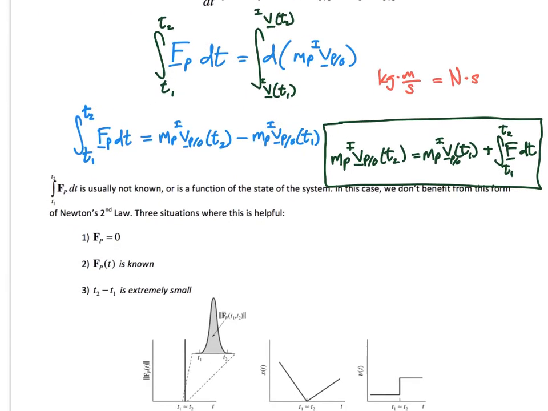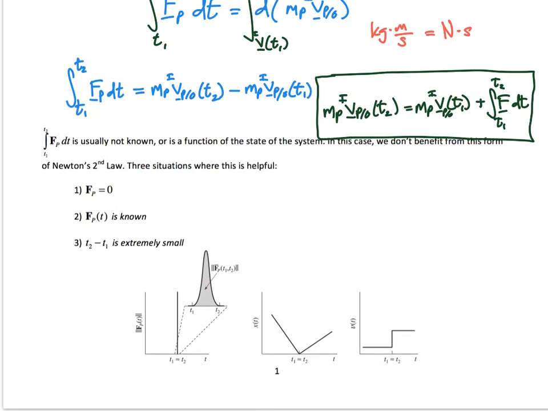So let's examine those three situations that you can use as guidelines for when to apply this alternative form of Newton's second law. The first of these situations is when the net external forces acting on a particle is equal to 0. This may seem like a trivial situation, but what we're saying here is that linear momentum is conserved.